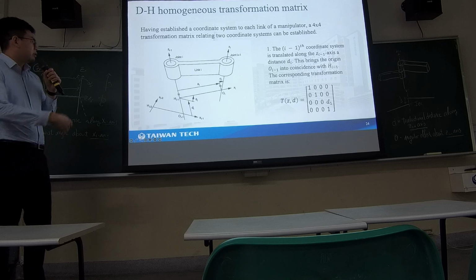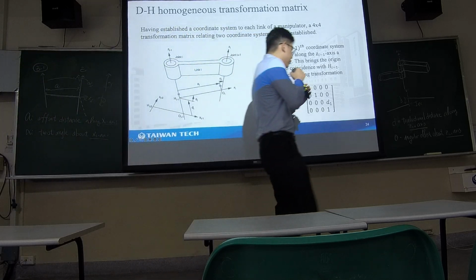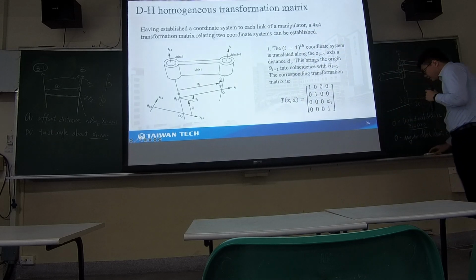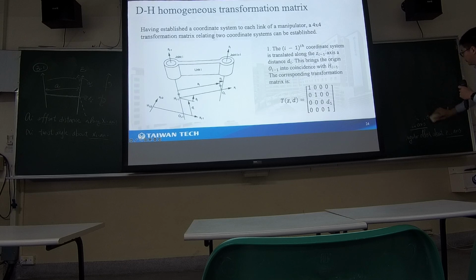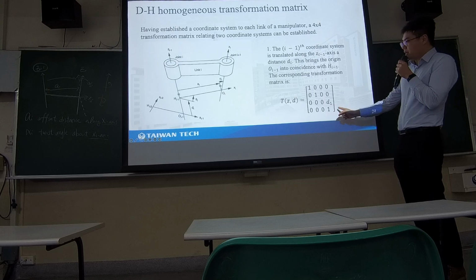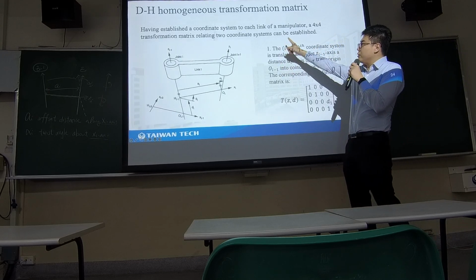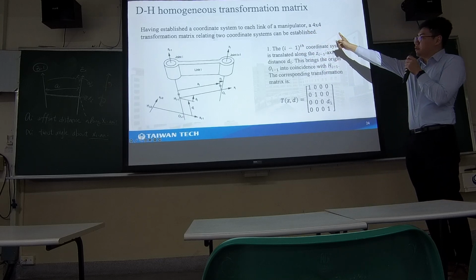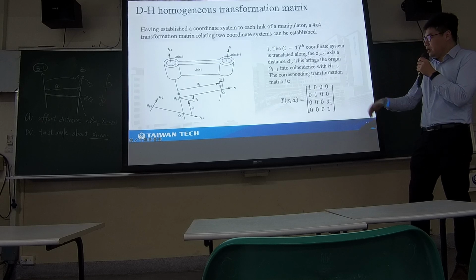And now we are coming to the homogeneous transformation matrix. The first one is d. If you have two links, then a 4 times 4 transformation matrix can be established.